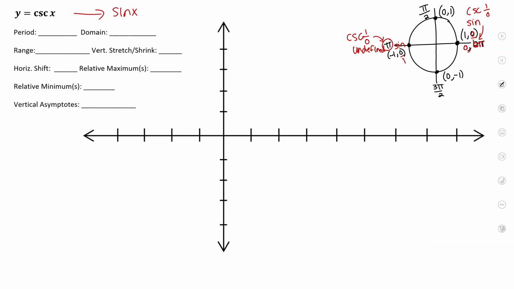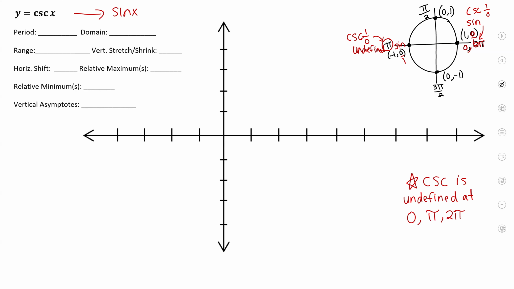Does that make sense? Okay, so you might need to write that down. Cosecant is undefined at 0, pi, 2 pi, and so on.